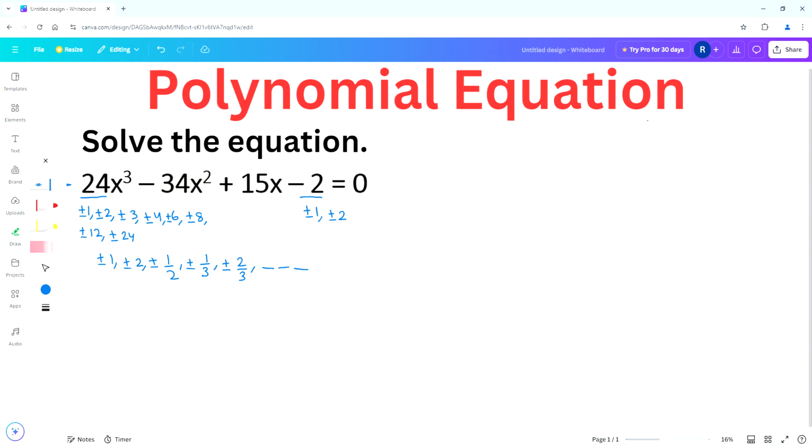Let's assume the cubic polynomial can be represented by function f at x. Now we can sub in the first x value in our list, positive 1. So we sub in x as 1 in this function.